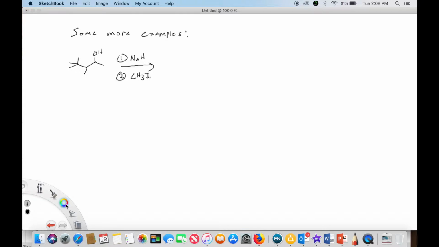If you look at this, notice that H minus is going to be a strong base. It's typically referred to as a strong kinetic base, and I'll show you why in just a minute. And then, of course, iodomethane that you see here is a really good electrophile with a good leaving group, right?